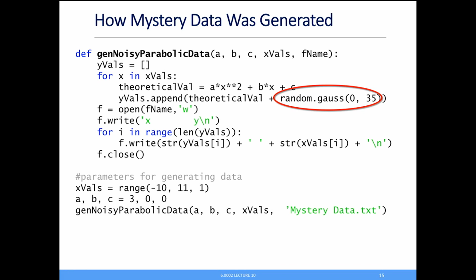And then I just added that into y values. The rest of this, you can see, it's simply going to write it into a file, a set of x and y values. But this will generate, given a value for a, b, and c, data from a parabolic arc with noise added to it. And in this case, I took it as y equals 3x squared, and then b and c are 0. And that's how I generated it.